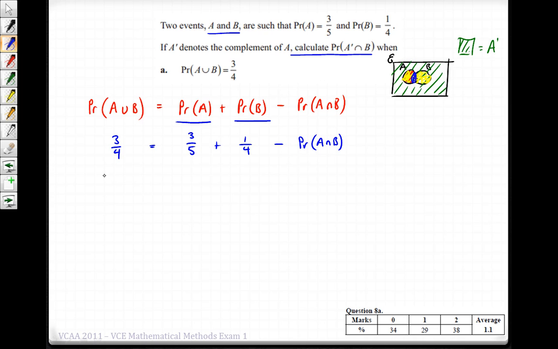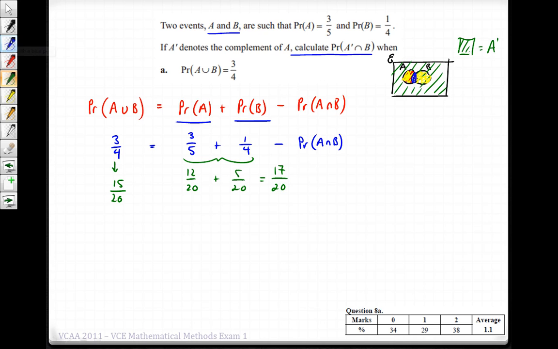So if we just quickly combine these two, we'd have, what's that, 12 on 20 plus 5 on 20 equals 17 on 20, hopefully. And this guy is going to be the same as 15 on 20.